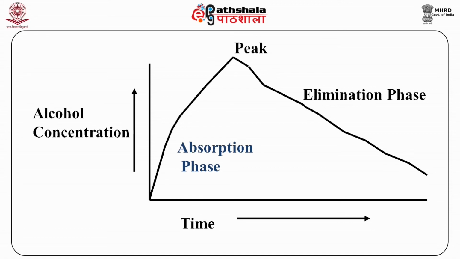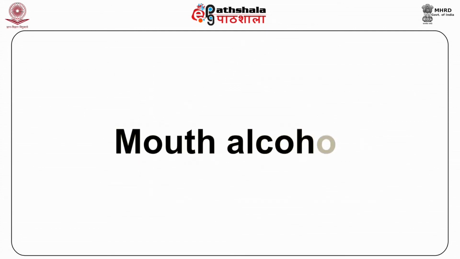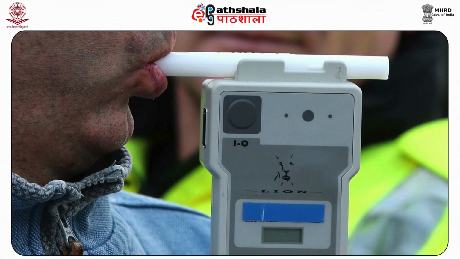In other words, some parts of the body will have higher BAC than others. During this non-uniformity, BAC in arterial blood will be greater as compared to the venous blood. Mouth alcohol. Mouth alcohol is the most common source of error as it can give false high readings.